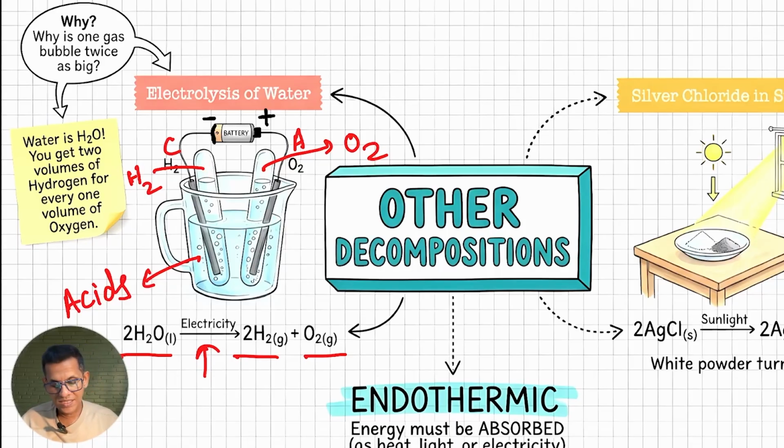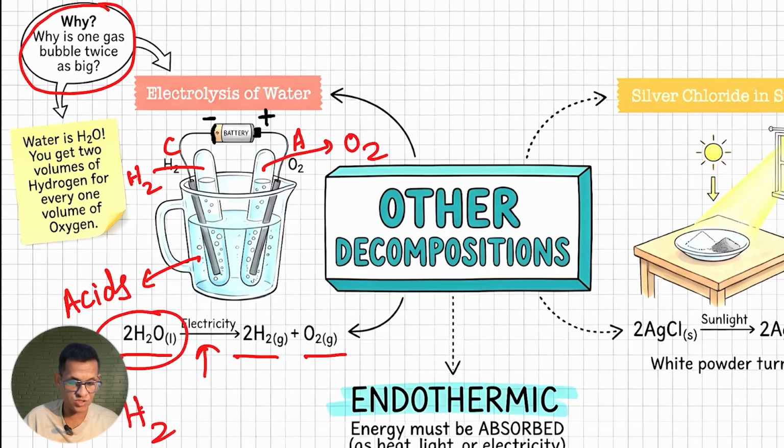But you'll also notice that the amount of hydrogen is twice as big as oxygen that is being collected during this reaction. The simple reason is the amount of hydrogen to oxygen released when the water splits is 2:1. As you can see, the formula of water is H2O.